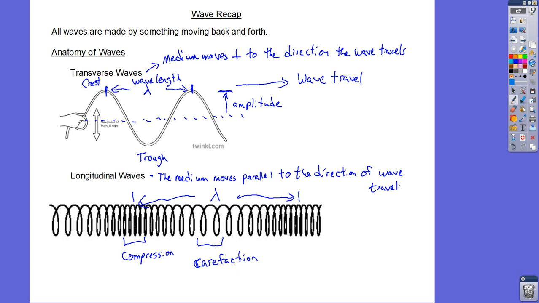And one of the big things they mentioned in the video was that waves carry energy. We'll talk about that in a little more detail at another point.